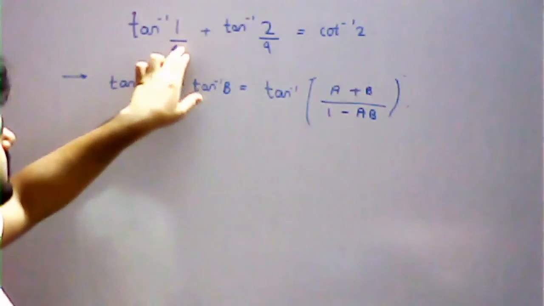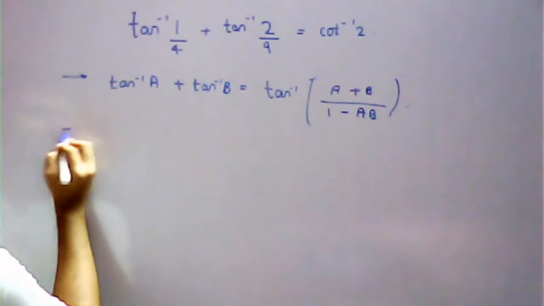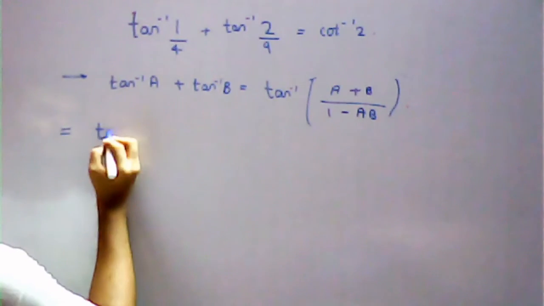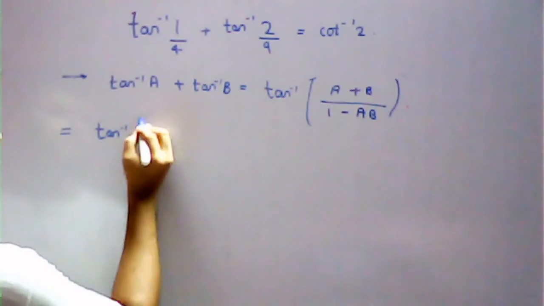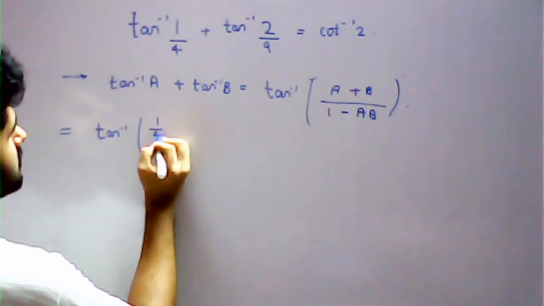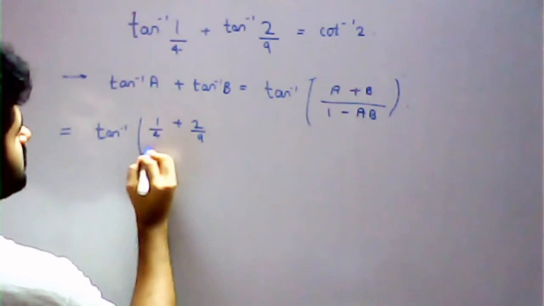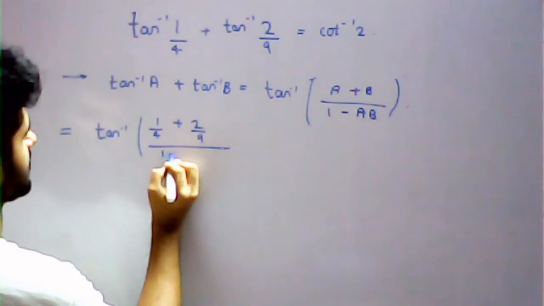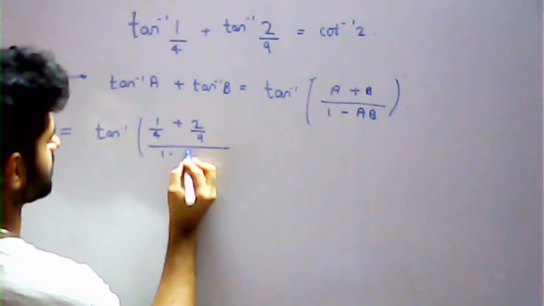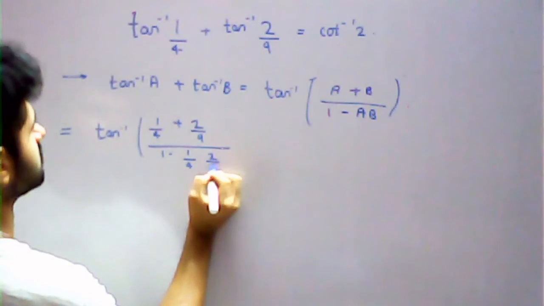Here A is 1 by 4, B is 2 by 9. So let's take it further. Tan inverse A plus B, so 1 by 4 plus 2 by 9 upon 1 minus 1 by 4 into 2 by 9.